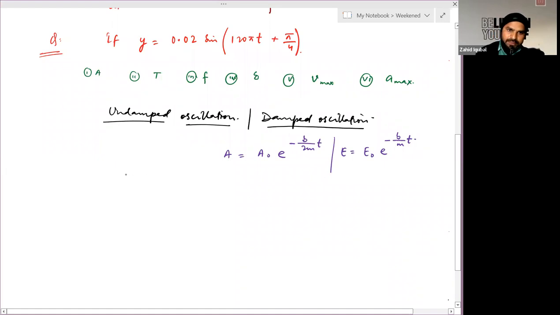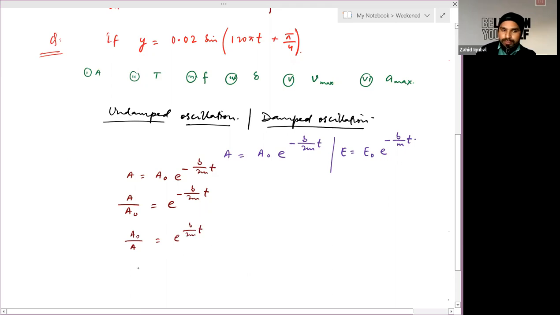Let me define you on the basis of this. We have A equals A naught e to the power minus b by 2m into t. So move this A naught to the left side. You will get A over A naught equals e to the power minus b by 2m into t. Now in this exponential, we have a negative sign. So if you reverse A and A naught, it will become positive. So A naught over A will be e to the power b by 2m into t.